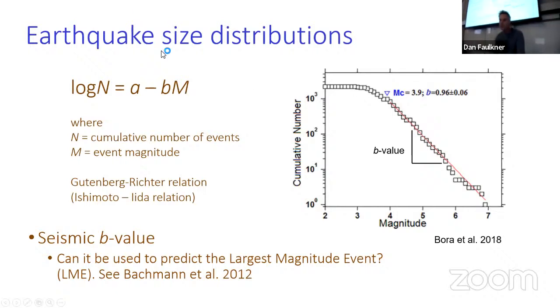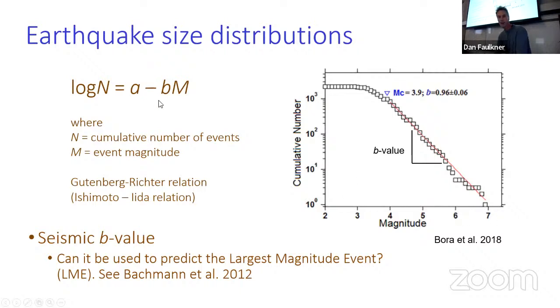Basically, if you plot the cumulative number of earthquakes that you have against how big they are, the magnitude, then you get this linear portion, which tells you that for bigger earthquakes, so 7 is the largest in this data set, there are many fewer earthquakes of that size. There are lots of small earthquakes, but not many big earthquakes.